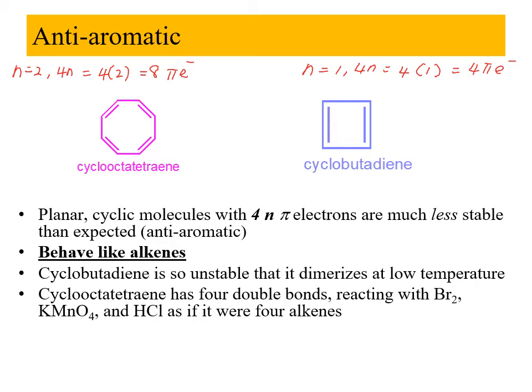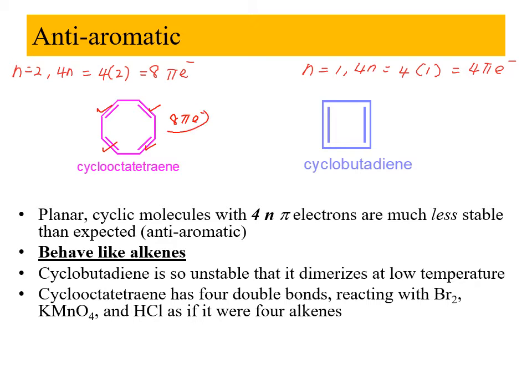For example, cyclooctatetraene has 4 double bonds here, and it has 8 pi electrons.